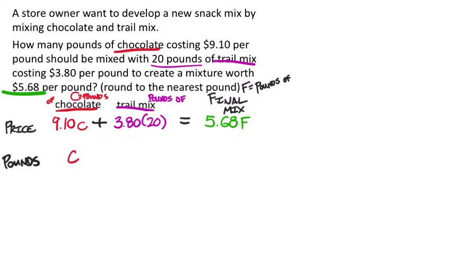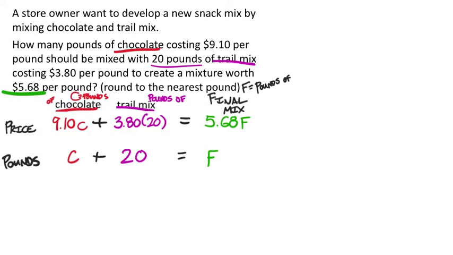C, that's all we had. And then the trail mix, yeah, 20 pounds. And then we had pounds of the final mix, which I would consider the total, but we don't know how many pounds that is. It's some kind of F number right there. So if you take the C, pounds of chocolate plus the 20 pounds of trail mix, you would have the final mix pounds right there.